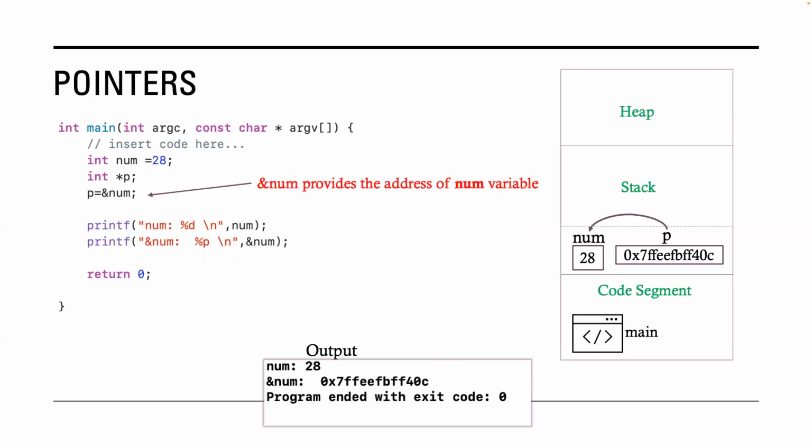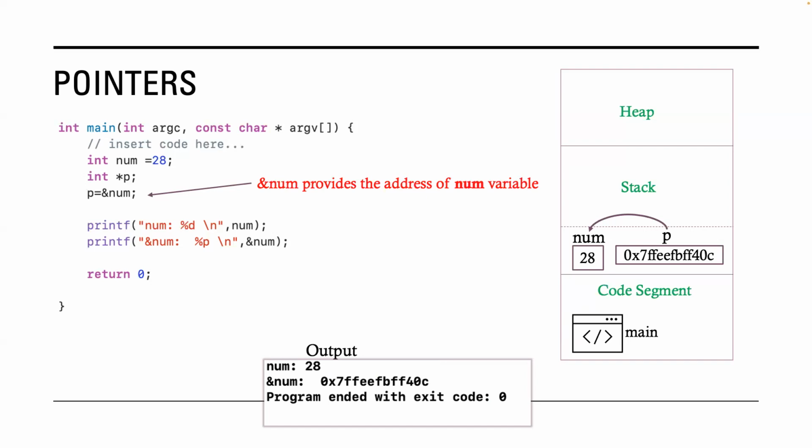Okay, so if I use a diagram to show this, this is how it happens. The program will allocate some memory for the num variable in the stack, and it will store the value 28 inside that num variable, and also it will allocate memory for the pointer in the stack, and then it will save the address of the num variable inside this pointer.